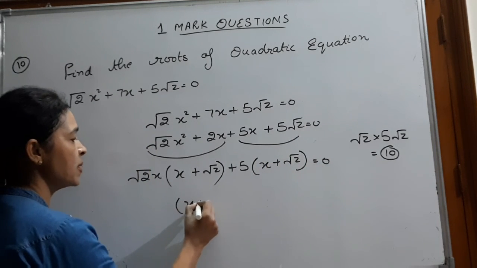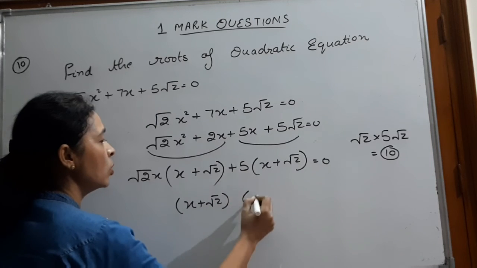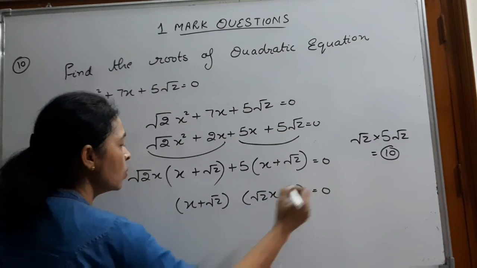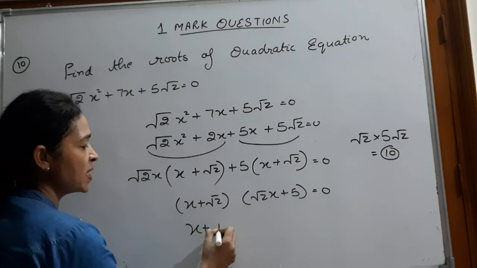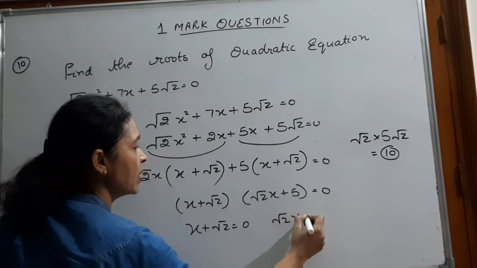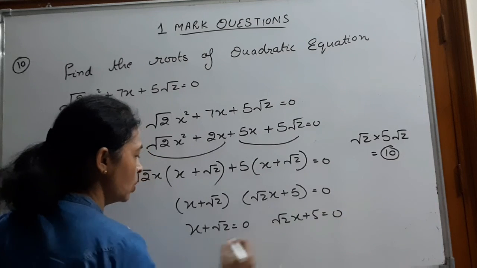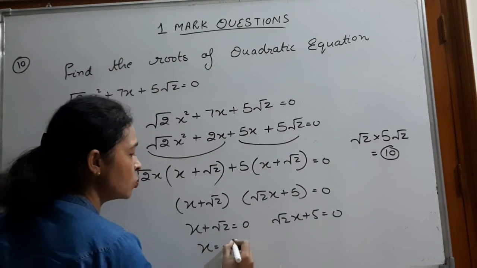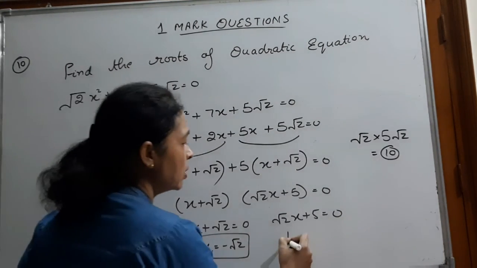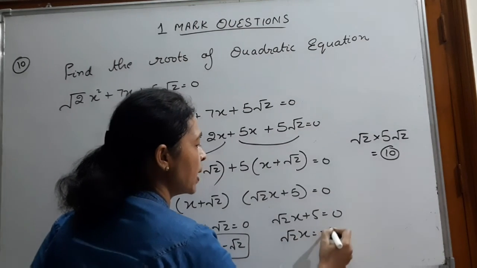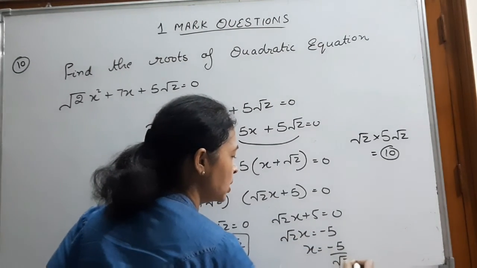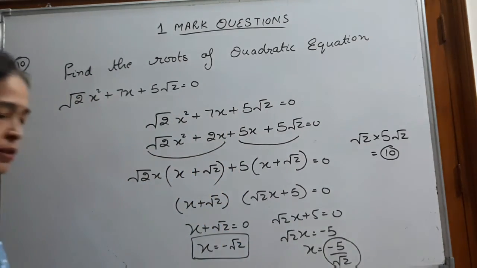We have two factors, x plus root 2 and root 2 x plus 5, equal to 0. Now, either x plus root 2 equals 0 or root 2 x plus 5 equals 0. x will be equal to minus root 2, this is 1 root. And root 2 x equals minus 5, so x equals minus 5 by root 2. These are the two values of x.